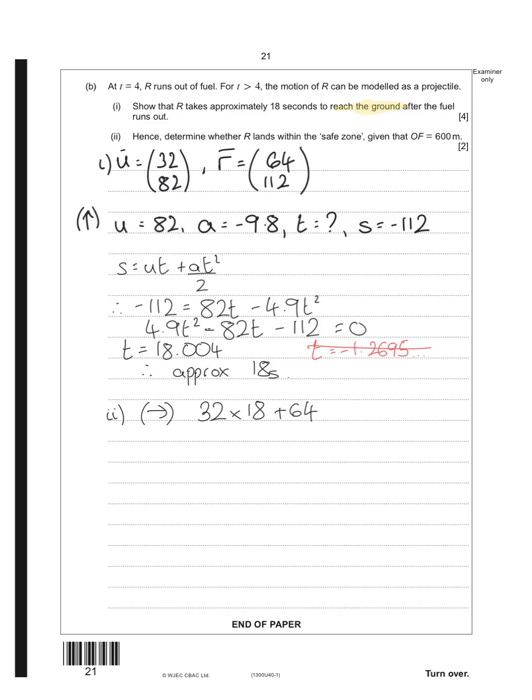So this bit is how far it travels as a projectile, just falling, and this bit was during the booster phase. When I work that out, 32 times 18 plus the 64, I get 640 meters. Now, since 640 is greater than 600, no, it does not land in the safe zone.